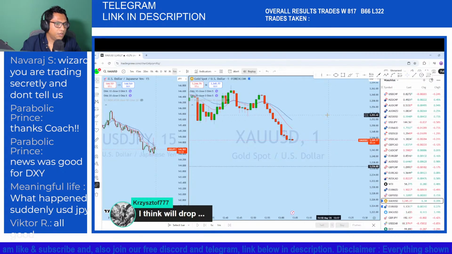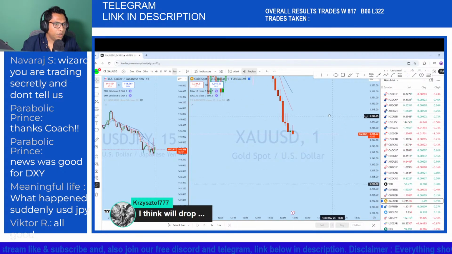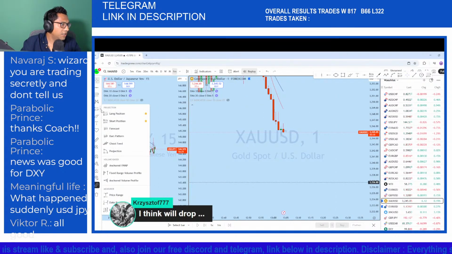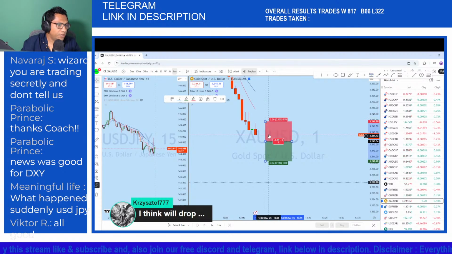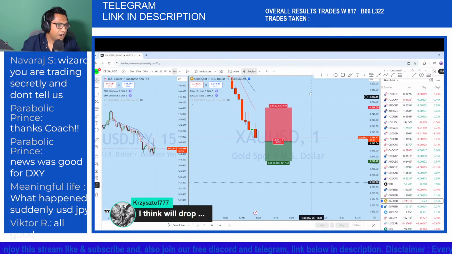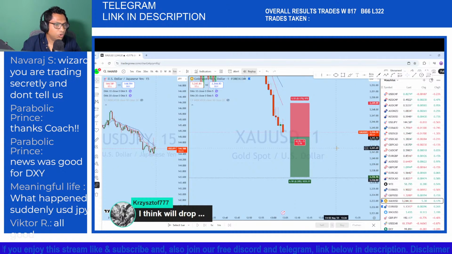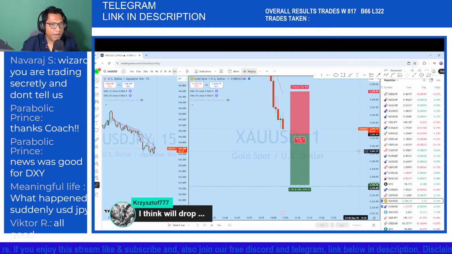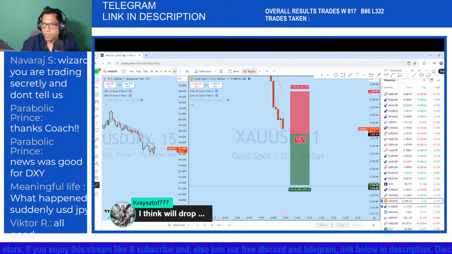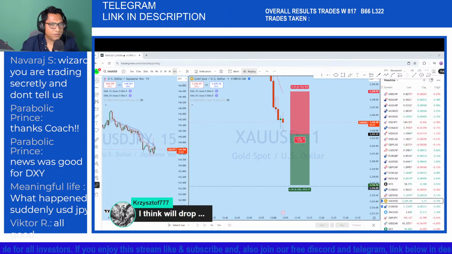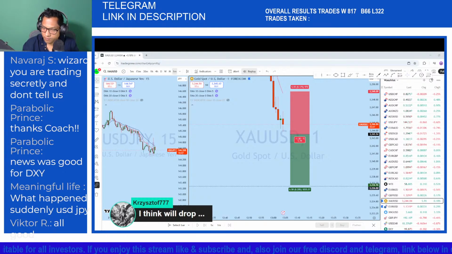So here I will be looking to potentially place a sell stop in that area. Stop loss above this high, TP target to this daily level. So placing a sell stop at 3243. It's a very fast move here. So sell stop at 3243.